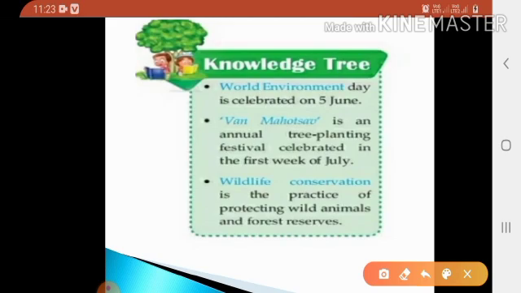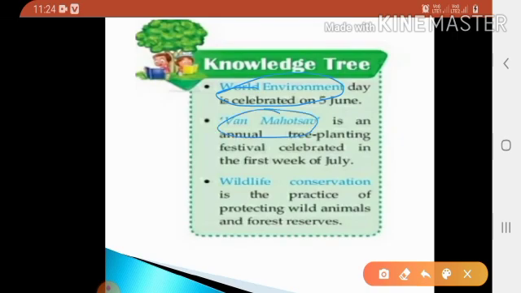Next, we have the knowledge tree. Here some important points are there. First point, World Environment Day is celebrated on 5th June. Then second one, Vana Mahotsav.